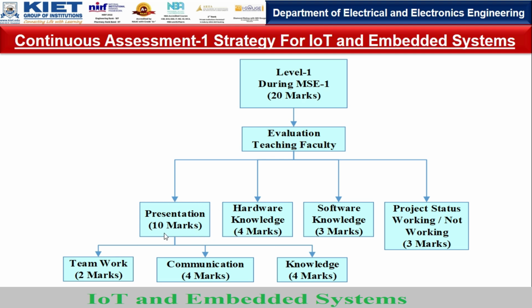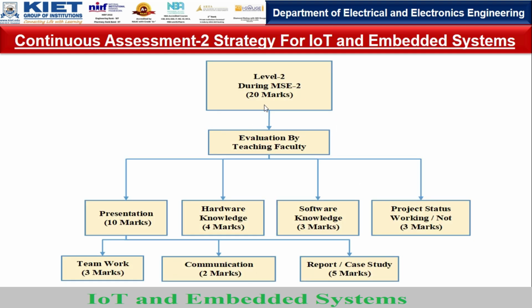The presentation carries 10 marks, hardware knowledge 4 marks, software knowledge 3 marks, and project status, working or not, 3 marks. The presentation is further divided into 3 parts: knowledge of the project, communication skills and teamwork. In level 1, which is the basic level, you need not submit any report. Over here, this is level 2.